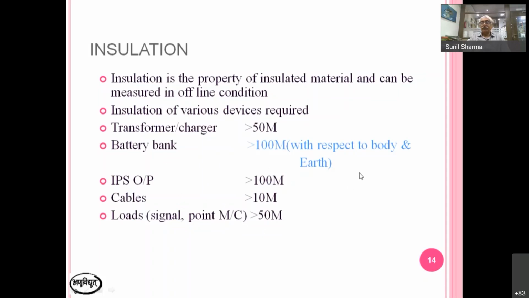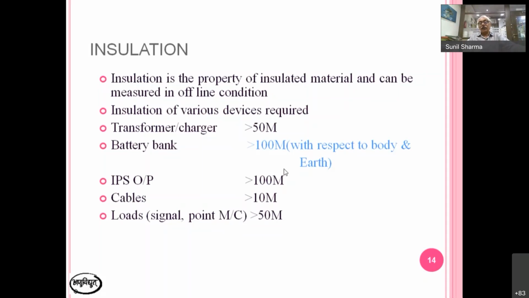Battery bank: you have not seen this type of insulation anywhere, we have just made it, so I have changed the color also. The battery bank also requires insulation with respect to earth, with respect to the body. We do not measure it with the terminal, but with respect to the body.